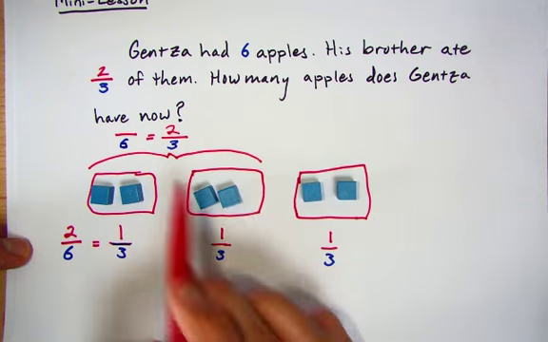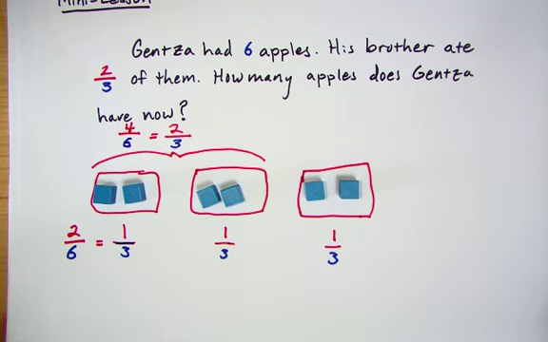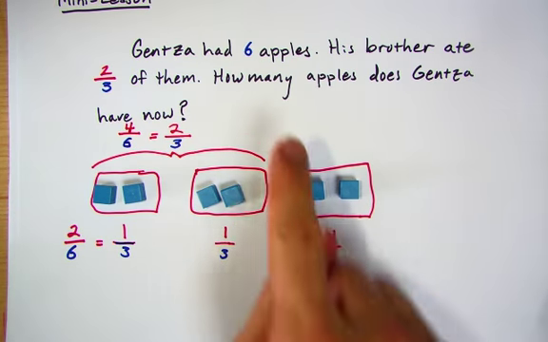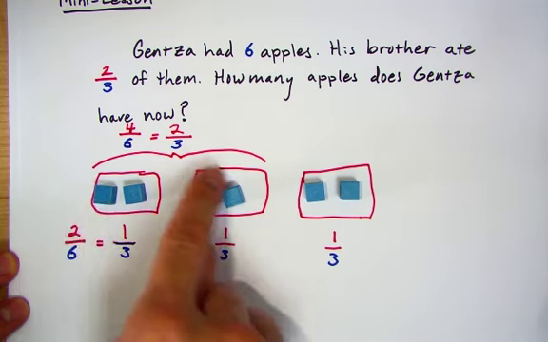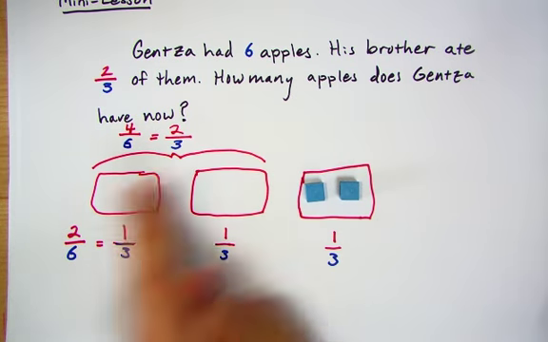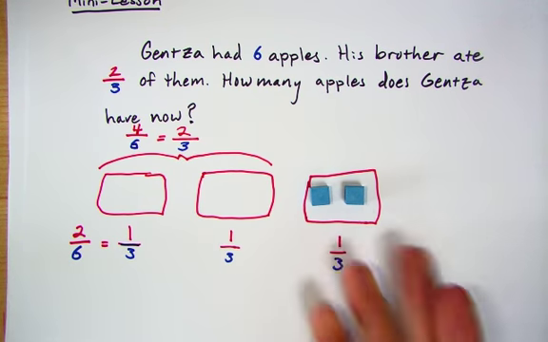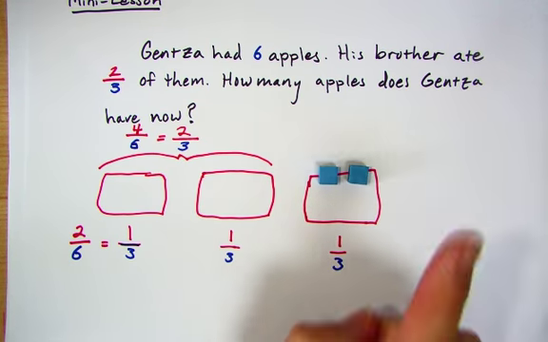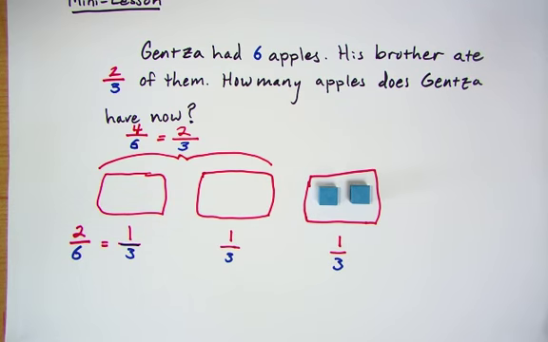So 1, 2, 3, 4. 4/6 is the same as 2/3. So Genza's brother ate 2/3 of these apples. How many apples does Genza have now? There they are. 1, 2. 2 apples. That's all Genza has. So he's probably going to go tell his parents now and try to get those apples back.